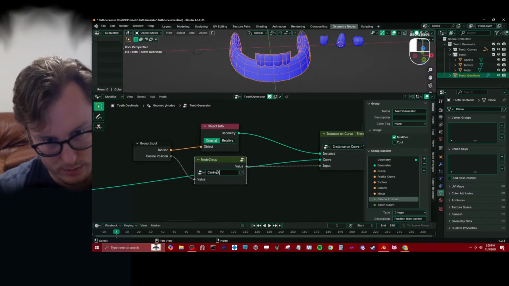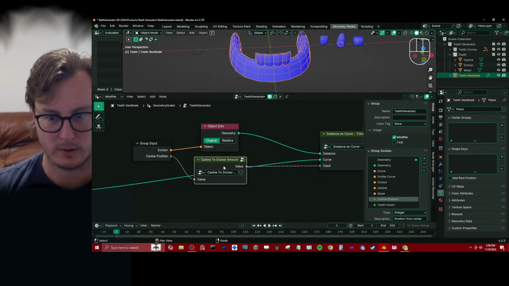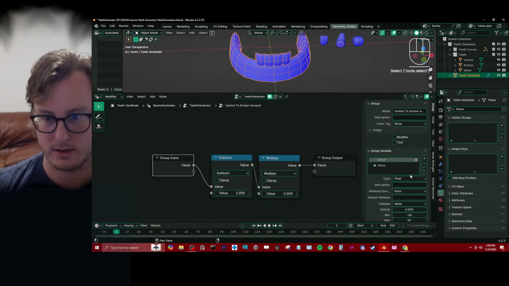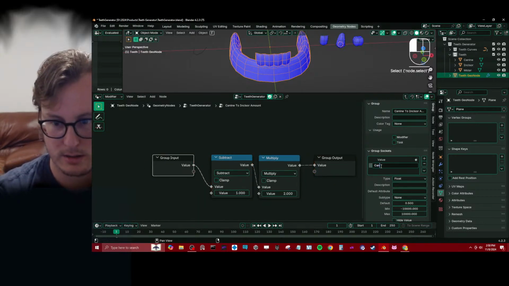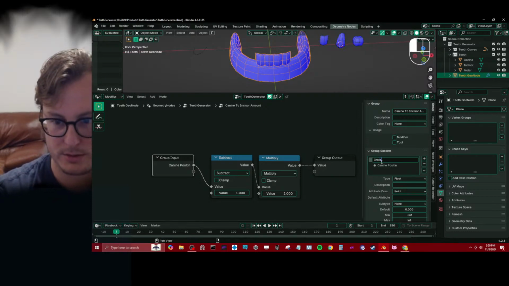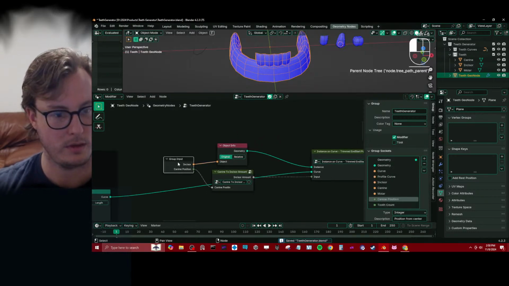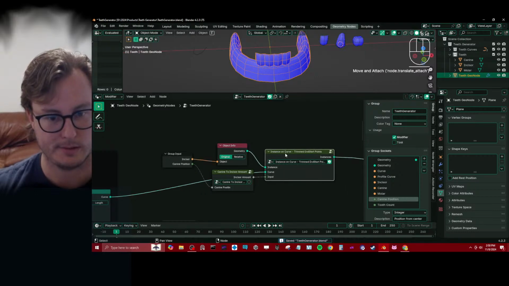Canine to... I will have to calculate this again. So canine position and incisor. Cool.